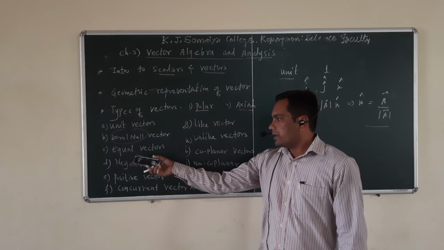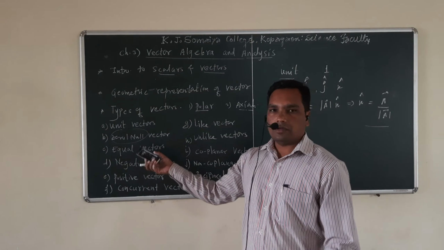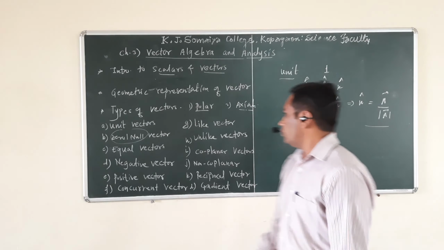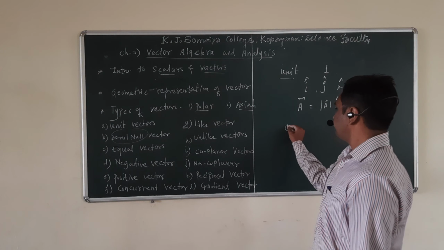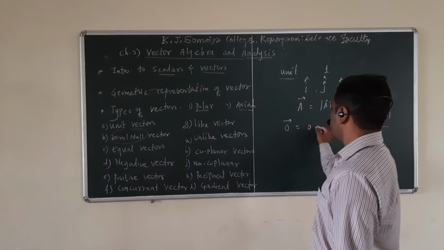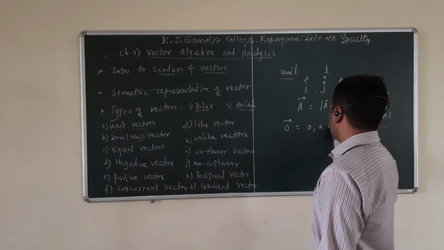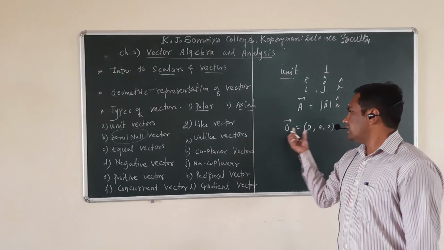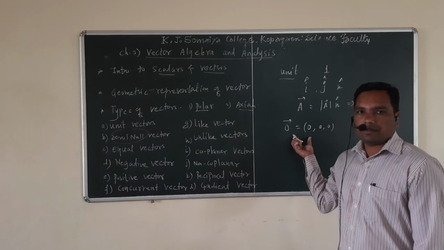And next one, before that, an example of a zero or null vector: origin. You can show origin as 0, 0, 0. So origin is nothing but a zero or null vector.